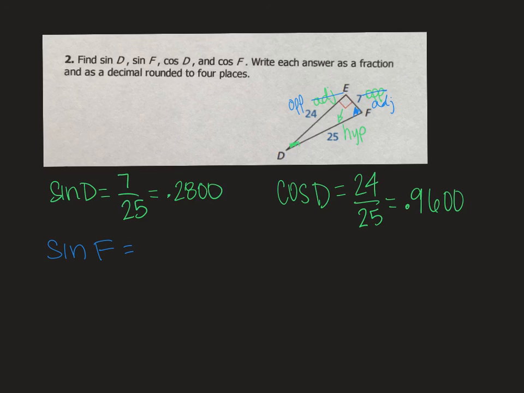So the sine of angle F, opposite over hypotenuse, is 24 over 25, or 0.9600. And cosine of angle F, adjacent over hypotenuse, is 7 over 25, or 0.2800.